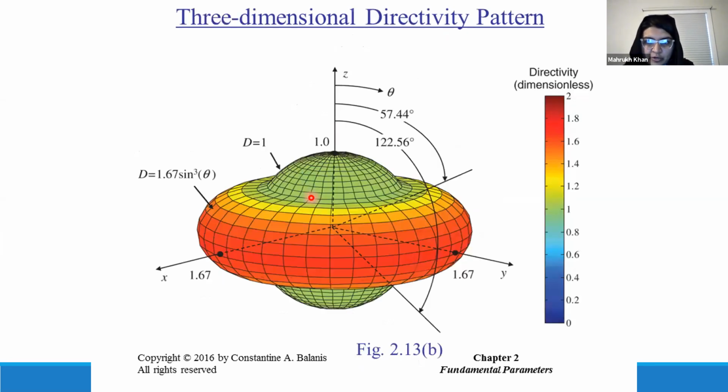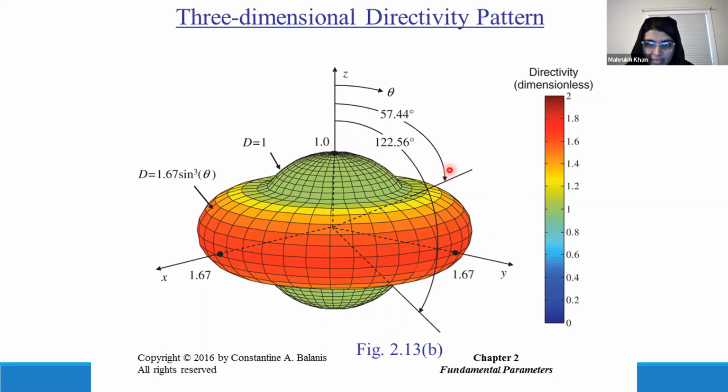So if you move here, another way of looking at it is this. This is your isotropic radiator, right? Like the sphere one, but this one is your non-isotropic radiator. So you can say that your non-isotropic radiator is less directive in this region, before its half power beam width, right? But it is more directive in this region, right?